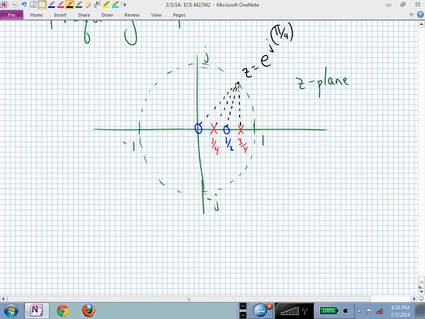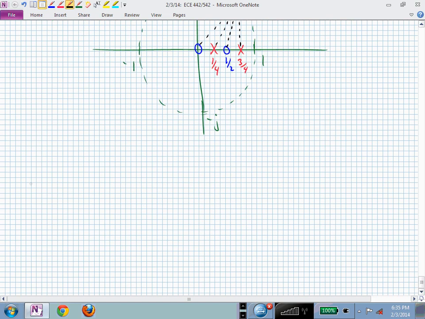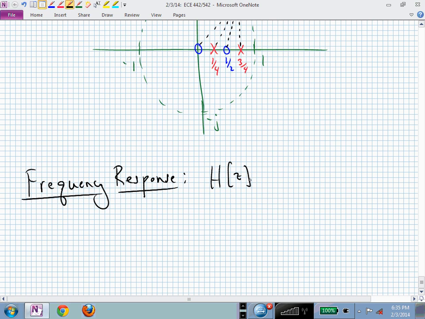Meaning I can now say that I have my frequency response for this particular example. I'm going to find it along the stability boundary, and it's going to depend on what the theta sub d, or the omega t, actually is.